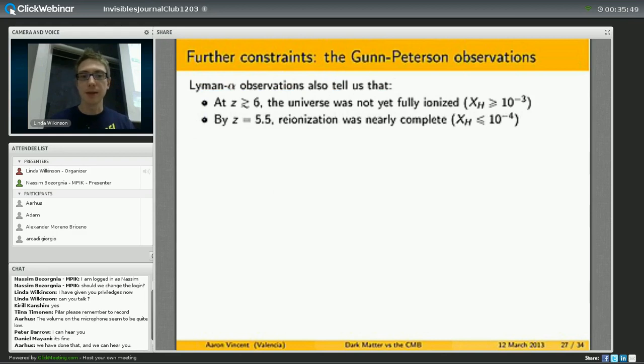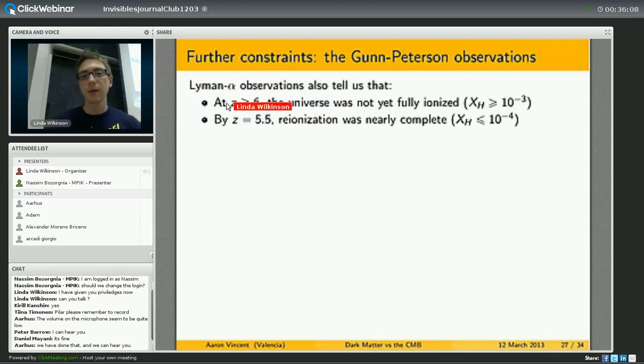A second constraint is the optical depth of the universe. The Gunn-Peterson observations of Lyman-alpha absorption lines also give us very strict constraints on when reionization is expected to have occurred.